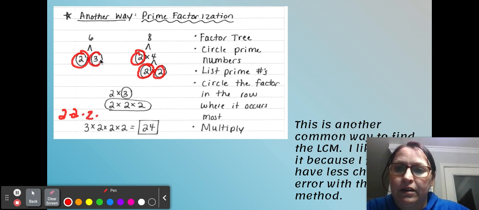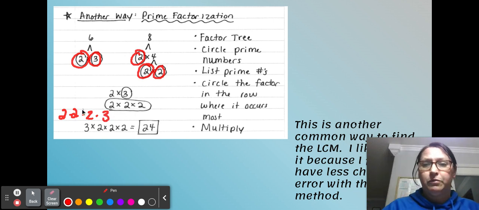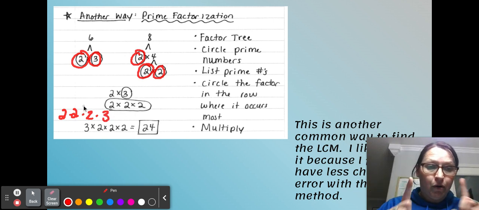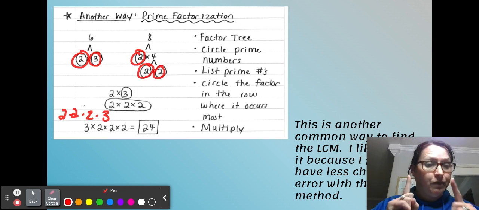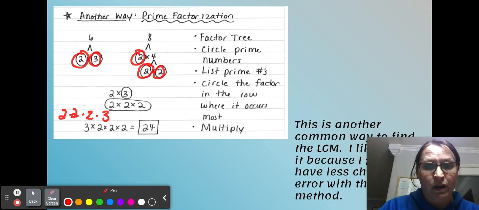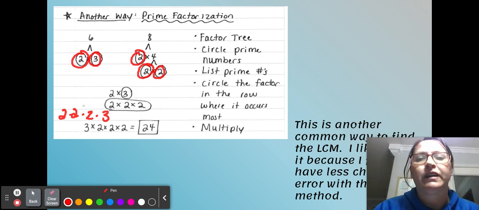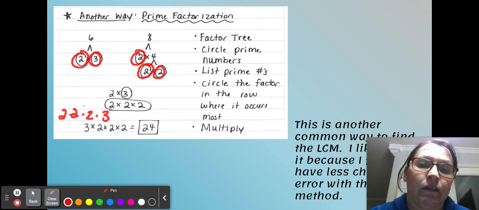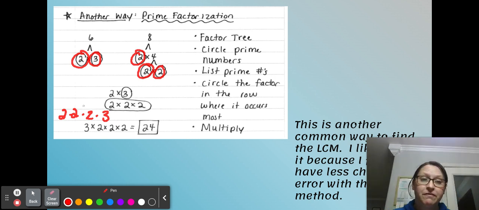And I have a 3. I'm going to circle it and write it down. Notice when I did my first 2, they both have a 2 in it. And I circled both of them, and I wrote it down one time. That is because I don't want to use every single factor. If they're common factors, I only want to include them one time.